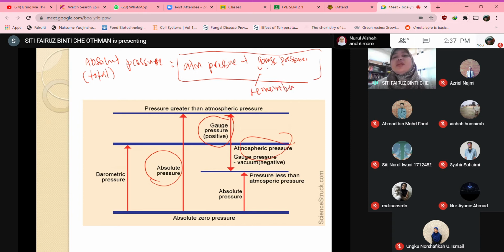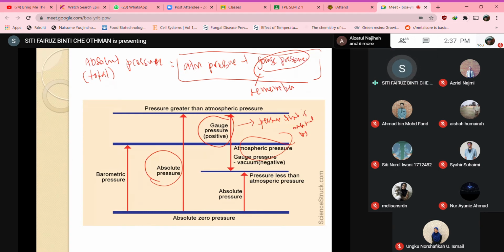Okay, so gauge pressure is actually any pressure that is measured by a device. In the next lecture we will look at all types of devices that you can actually use to measure the pressure. And for all devices, when we get the value of pressure, it's called the gauge pressure.